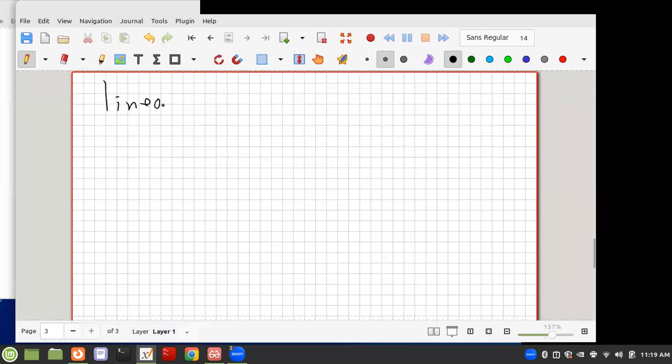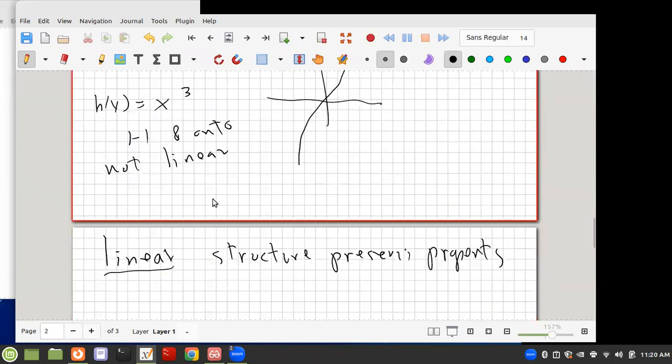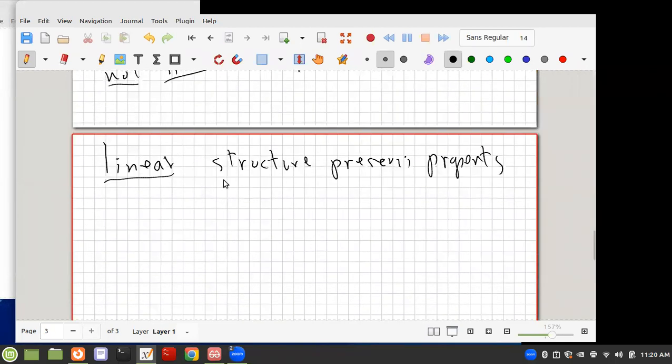The linear property is also a kind of structure preserving property. H is 1 to 1 and onto, but it's not linear, because it's got the x cubed in it. Okay, so we're getting interested in linear maps.